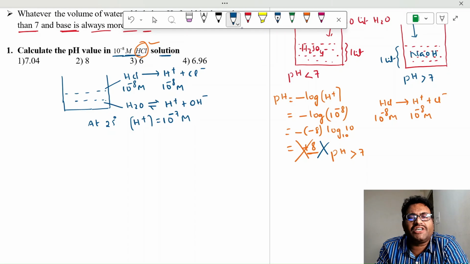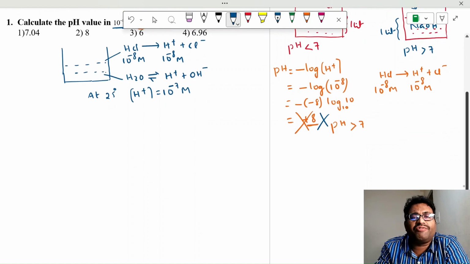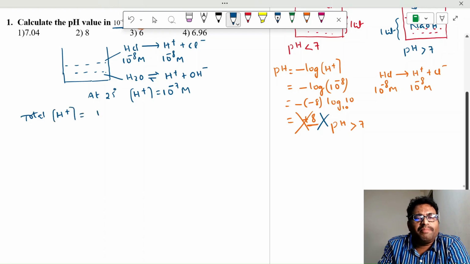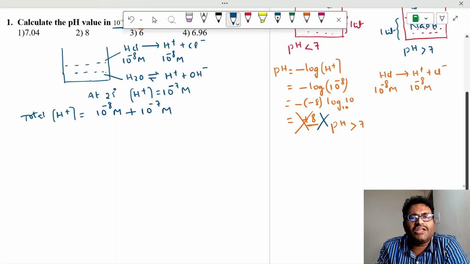They are very close, so the H plus ion concentration contributed from water is also taken. So total H plus ion concentration is equal to 10 power minus 8 M, which is from HCl, plus 10 power minus 7 M, which is from water.